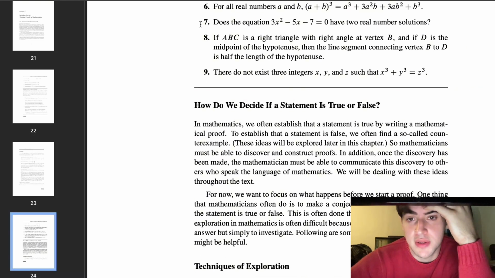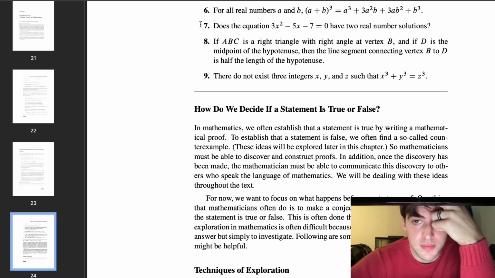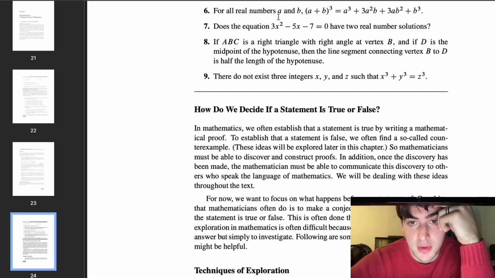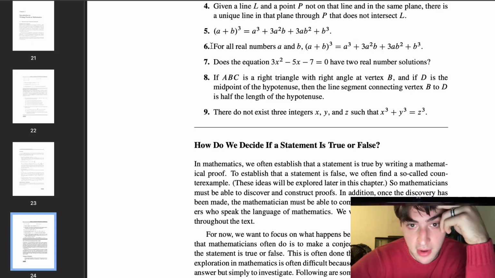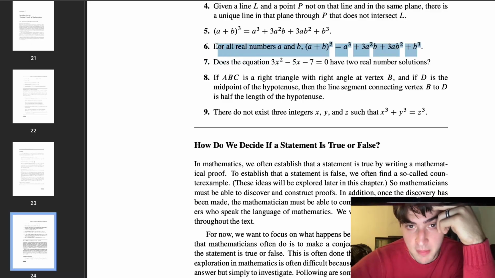6. For all real numbers a and b, (a + b)^3 equals, and so on. Okay, so this is kind of what I was talking about, when it comes to if every single real number yields an equality.